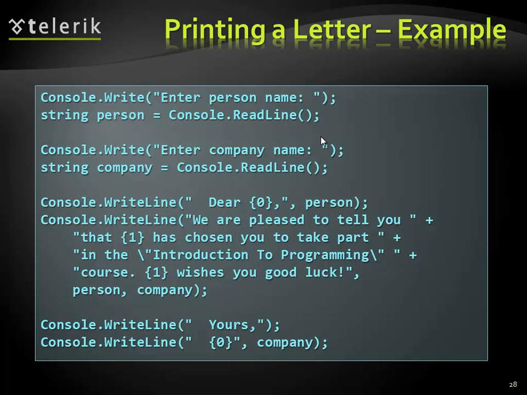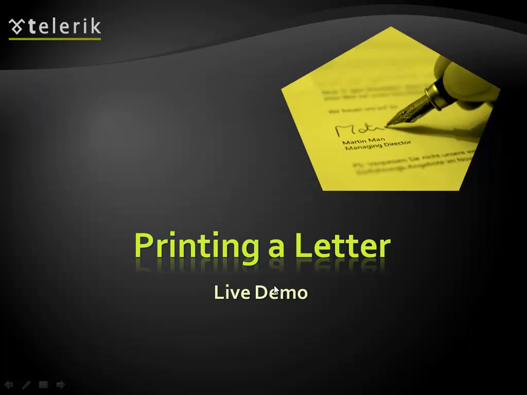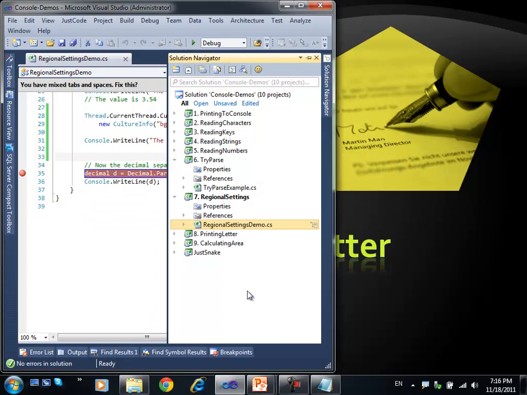Printing a letter, okay. So we have an application that reads the person's name and the company name and just prints a few lines, specifying replacement arguments inside them. Very cool. So we'll just see it very quickly.